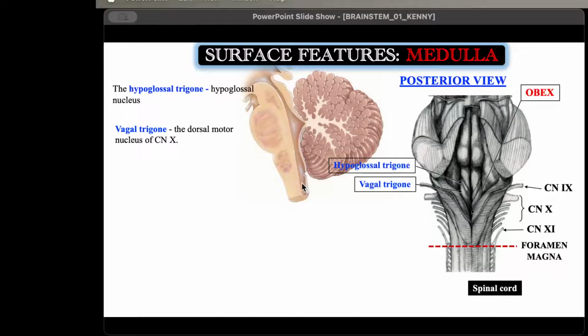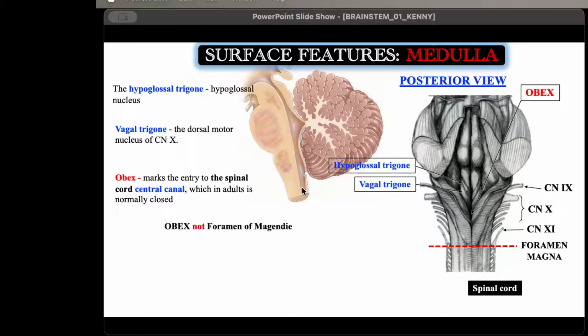As we are entering the central canal is where we find the obex. So here is the obex, which marks the entry point to the central canal of the spinal cord.